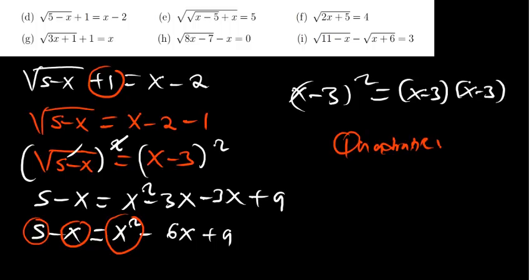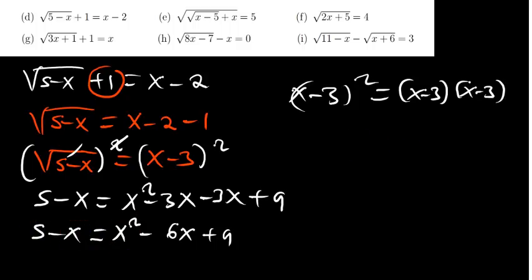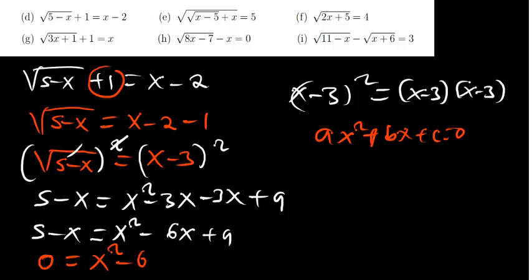Meaning that I have to shift everything here so that I remain with 0, because a quadratic equation is in the form ax squared plus bx plus c is equal to 0. So it's going to be 0 is equal to x squared minus 6x plus 9. I'm shifting positive 5 to the other side, it becomes minus 5. I shift this x to the other side, it becomes plus x.